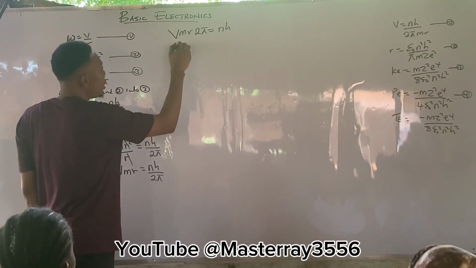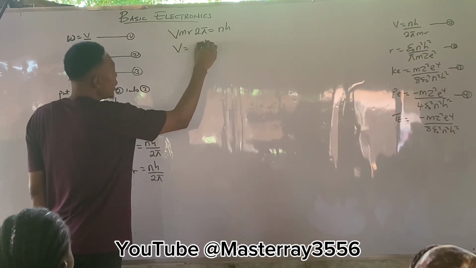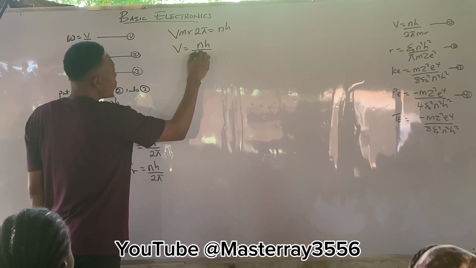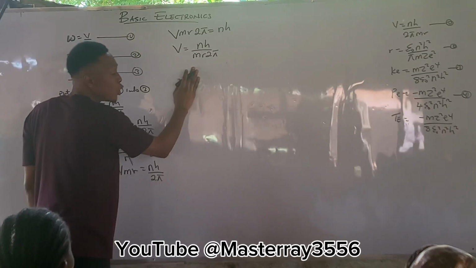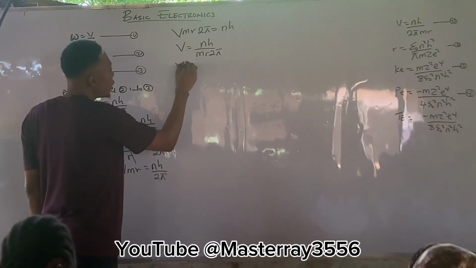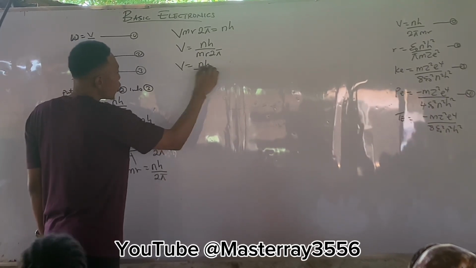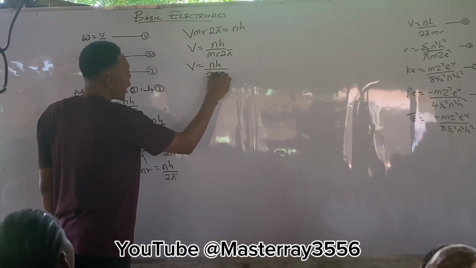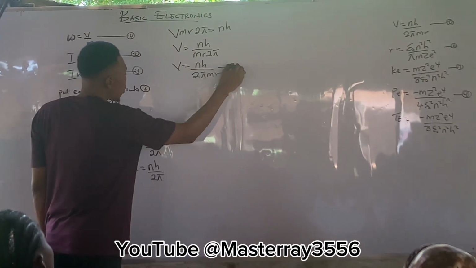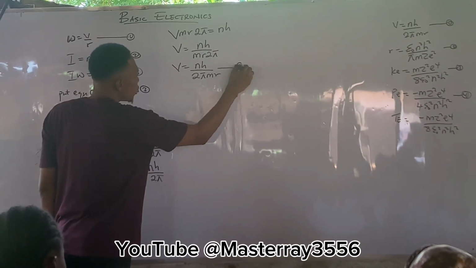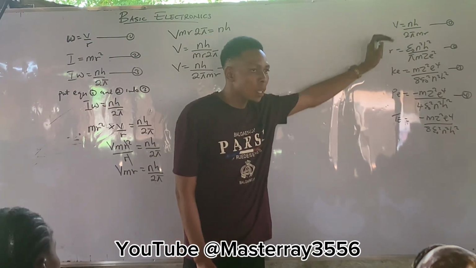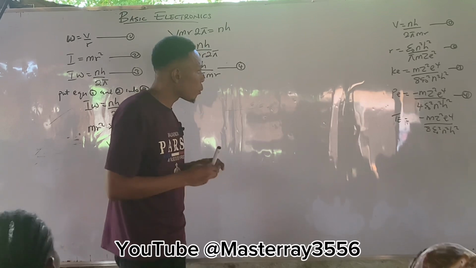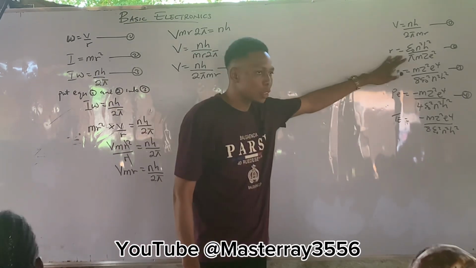So our V becomes nh over mr 2pi, is it not? So if you rearrange your denominator, it's going to be V equals nh over 2pi mr. Equation 4. So that is the proving for velocity.